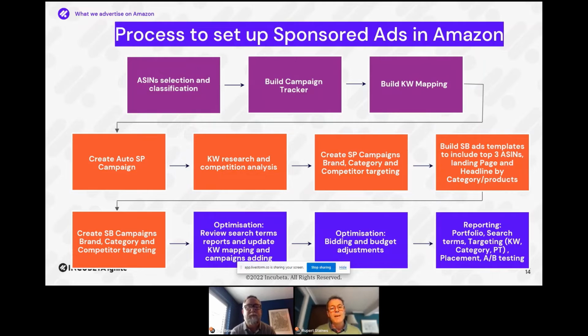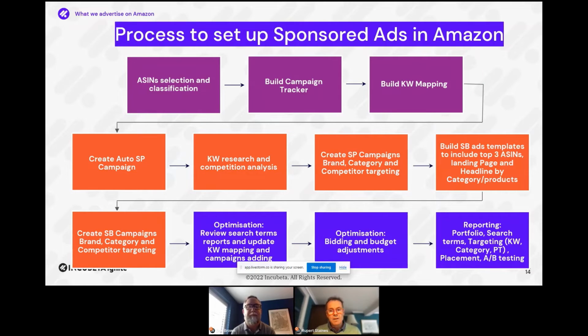From that point, we refine the research around keywords and the competitor analysis, with a view to setting up sponsored product campaigns on a manual basis, which enables us to use far more of the tools around brand, category, and competitor targeting.